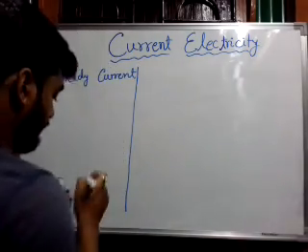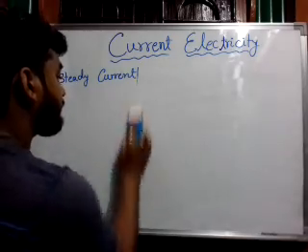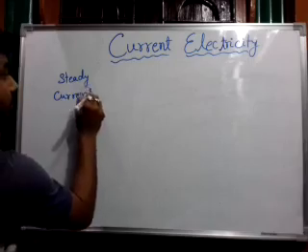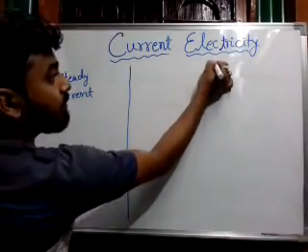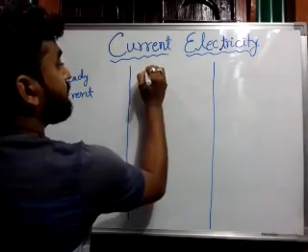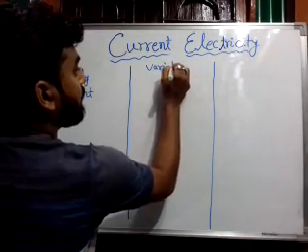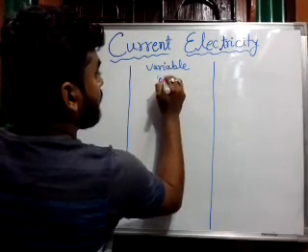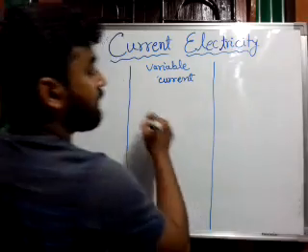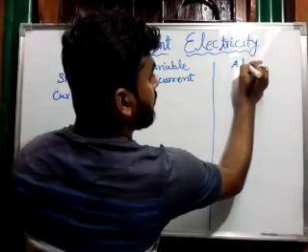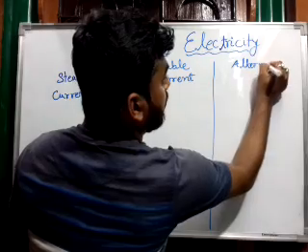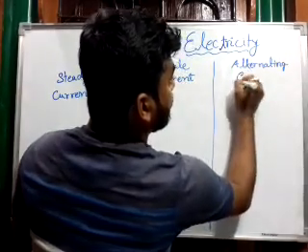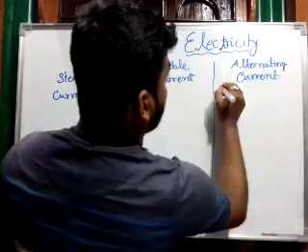Number 1, steady current. Number 2, variable current. And number 3 is alternating current. Okay.